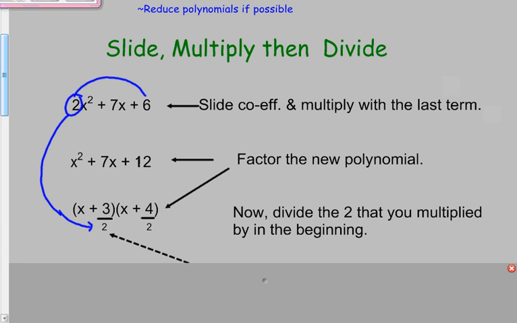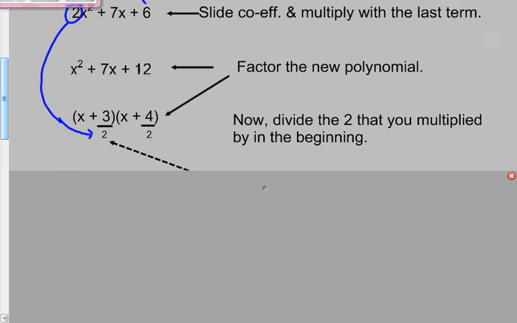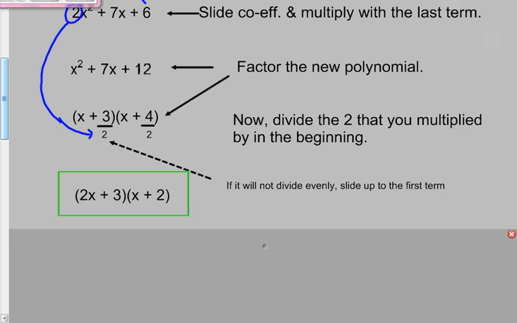When you have 3 over 2 and 4 over 2, simplify if you can. If you can't, like this 3 over 2 will not divide evenly, that 2 will come right up in front of the x. So it's 2x plus 3, and the 4 over 2 will divide down to just a 2. So there's our answer, 2x plus 3 times x plus 2.